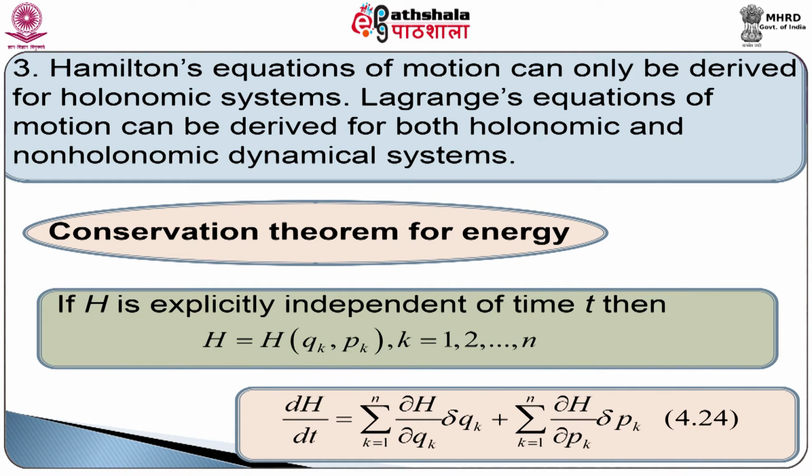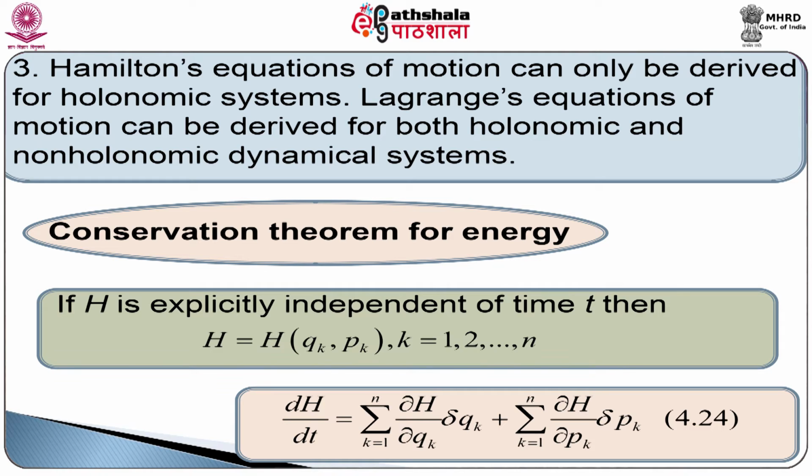Now, we shall discuss the conservation theorem for energy. If capital H is explicitly independent of time t, then Hamiltonian H can be written as H equal to H function of qk and pk, k varying from 1 up to n.